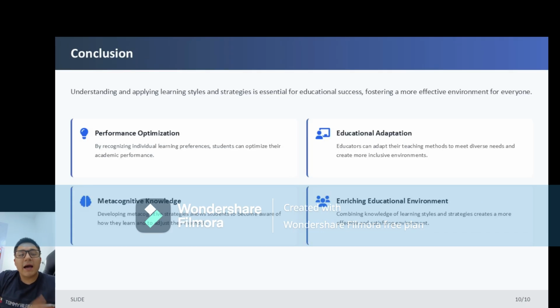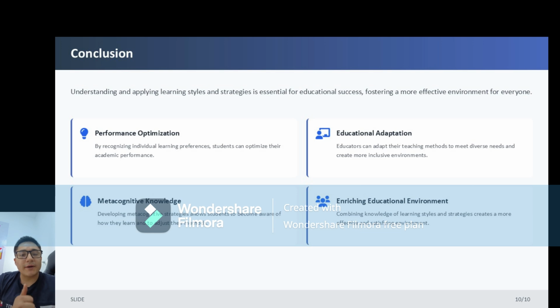In conclusion, understanding and applying learning styles and strategies is essential for educational success. This translates into several direct benefits. Performance optimization: by recognizing their preferences, students can optimize their academic performance. Educational adaptation: educators can adapt their methods to meet diverse needs and create a more inclusive environment.